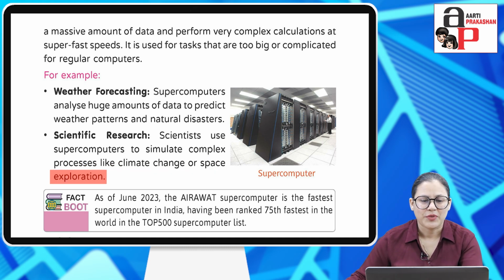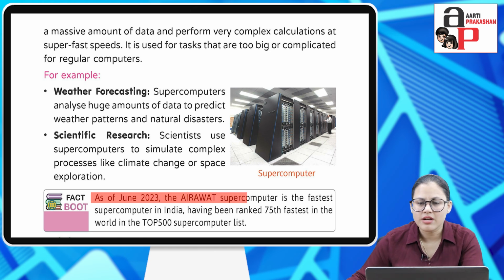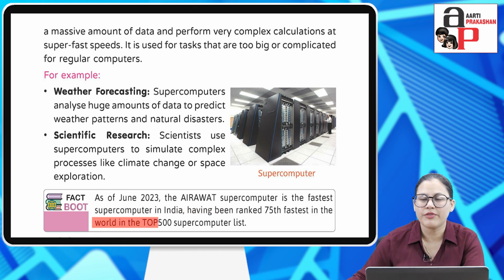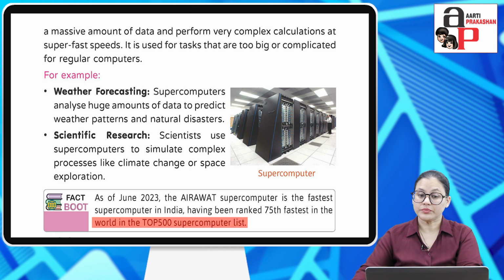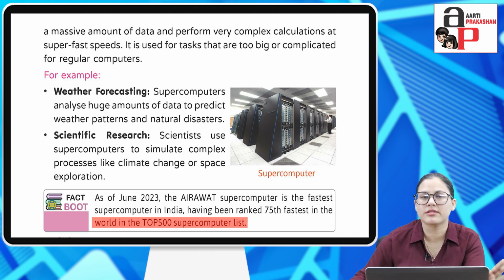Fact box: as of June 2023, the Airawat supercomputer is the fastest supercomputer in India, having been ranked 75th fastest in the world in the Top 500 supercomputer list. So remember this name, Airawat. This is the fastest supercomputer in India.